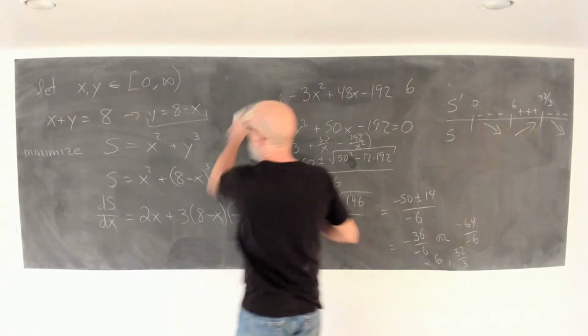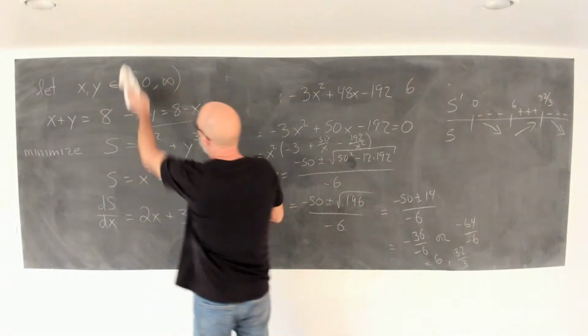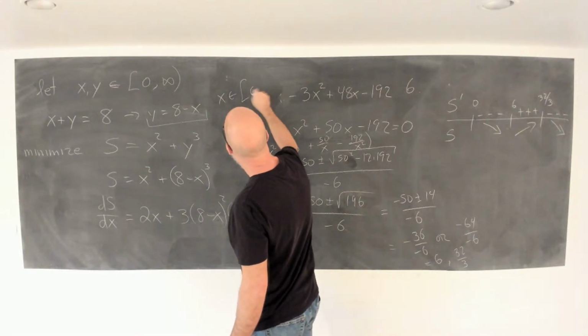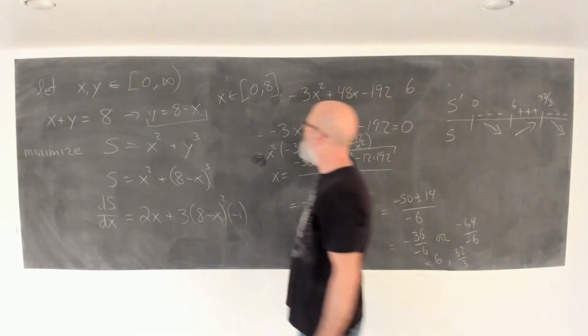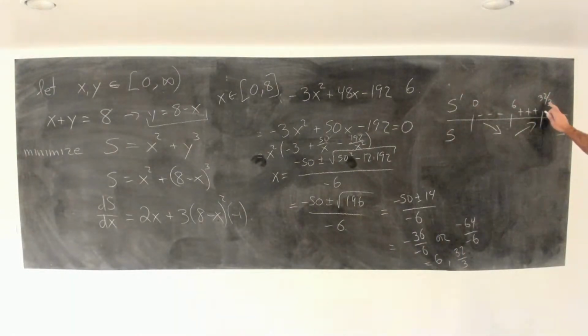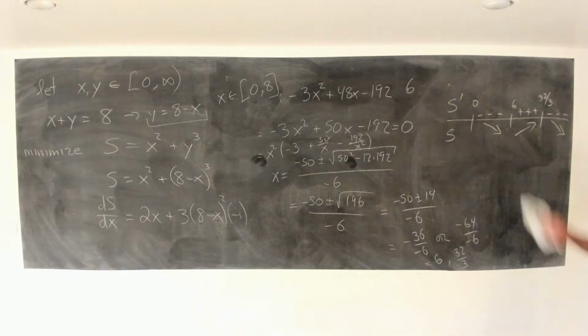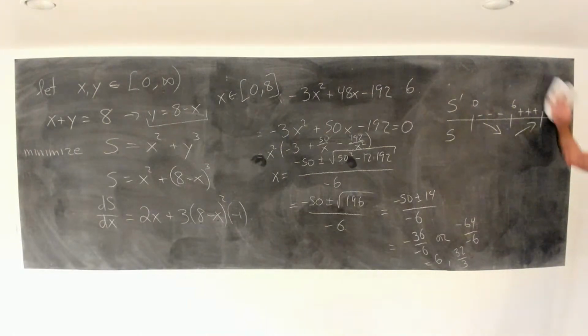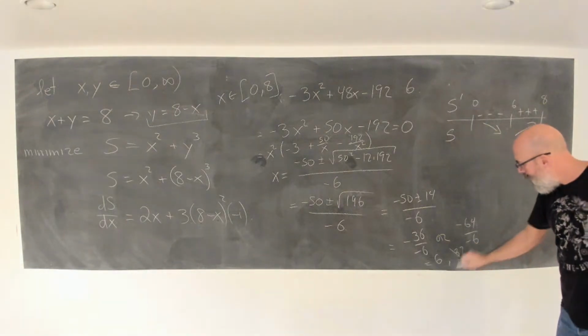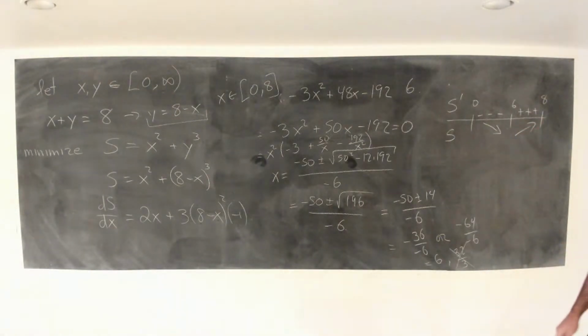So our domain, which we had suggested was this, actually becomes 0 to 8. So this, which is almost 10, we're going to remove that and stop our interval at 8 and say that this is not in the interval.